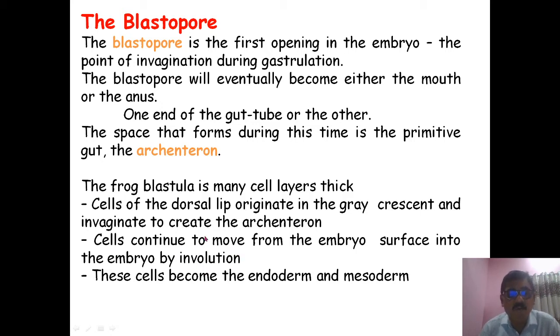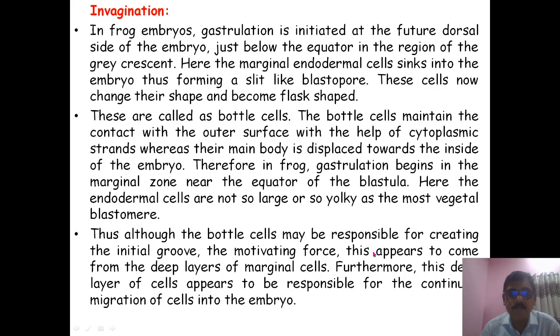Means, first of all, the movement of the cells which occurs is called invagination. After that, these cells continue, and another movement of the cells occurs, that we call involution. These cells involved in the involution and the invagination form the endoderm and the mesodermal layers.